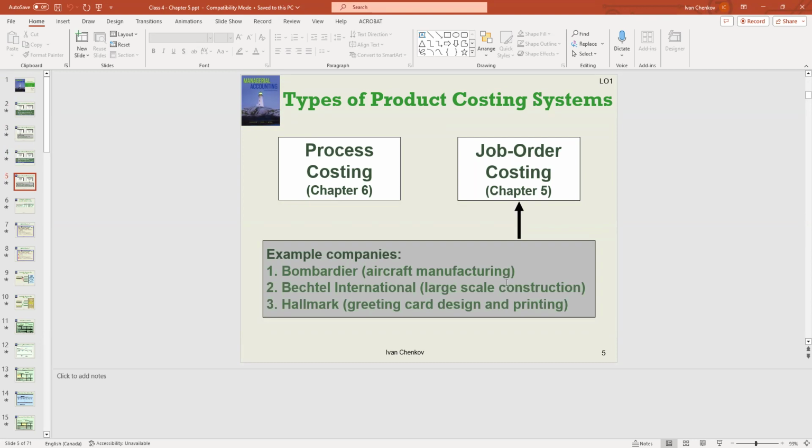You know what Bombardier is, the Canadian company that's producing aircraft and Skytrain. A large-scale construction company, any construction company, is going to use job costing. And the last example will be Hallmark with greeting cards, because every greeting card has a different greeting, different design, everything is unique.